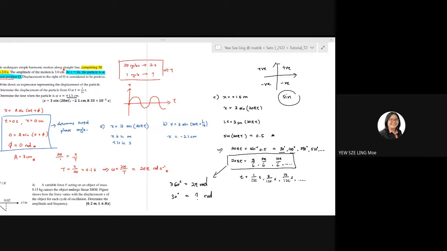Try to understand the questions, and understand why question C has more than one answer, because it's a periodic motion.